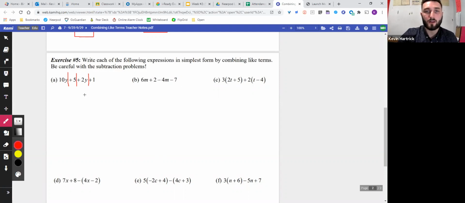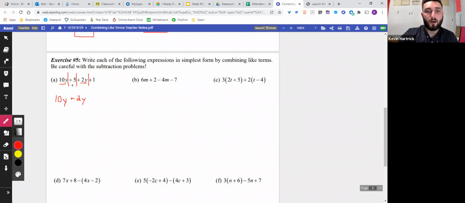So the first thing we're going to do is underline all of the terms that have the variable y in them. Once I do that, I'm going to rewrite those terms underneath. So I have 10y and I have a positive 2y.